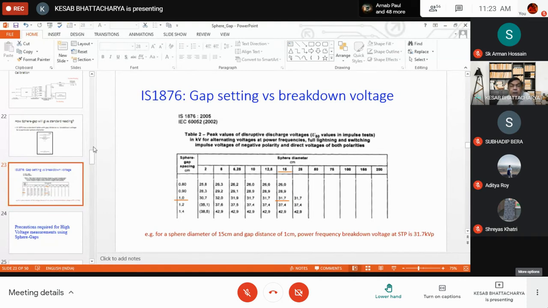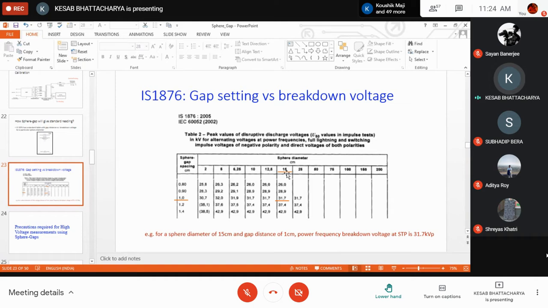Here in this table, this column specifies the gap distances like 0.8 centimeter, 0.9 centimeter, 1 centimeter, etc. And these columns specify the breakdown voltages of standard spheres, and the values on this row, like 2, 5, 6.5, 10, 12.5, etc., are the diameters of the standard spheres.